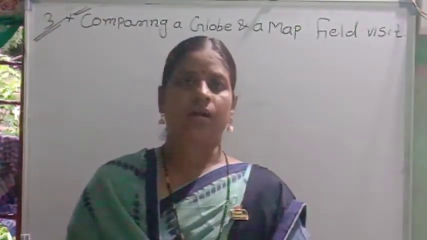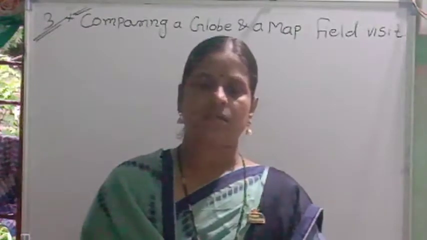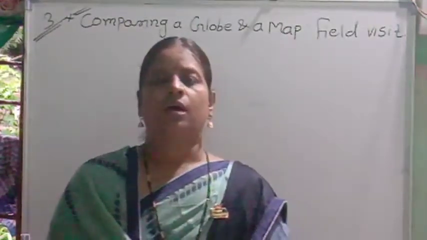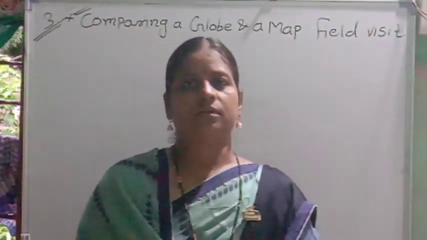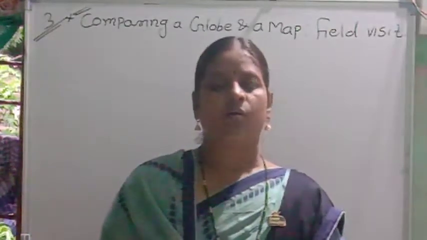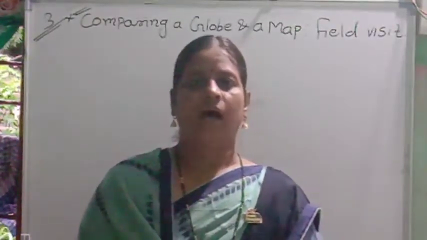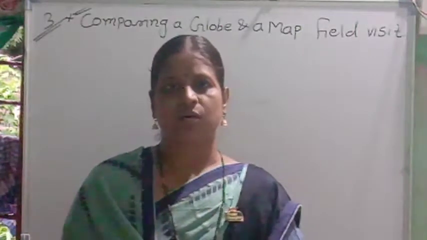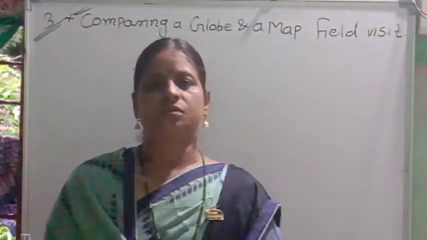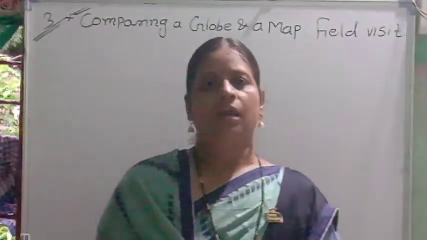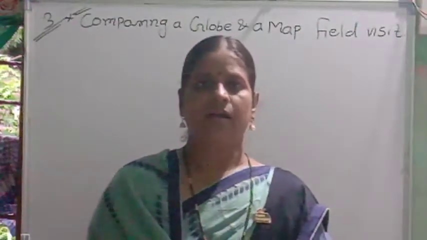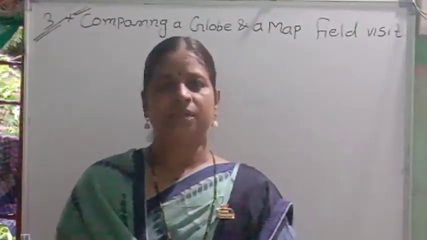Which objects are called two-dimensional? The objects which have length and width are known as two-dimensional objects, and the objects which have length, breadth as well as height are known as three-dimensional objects.